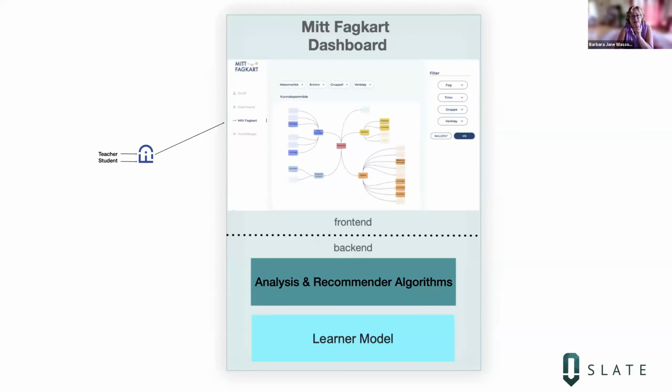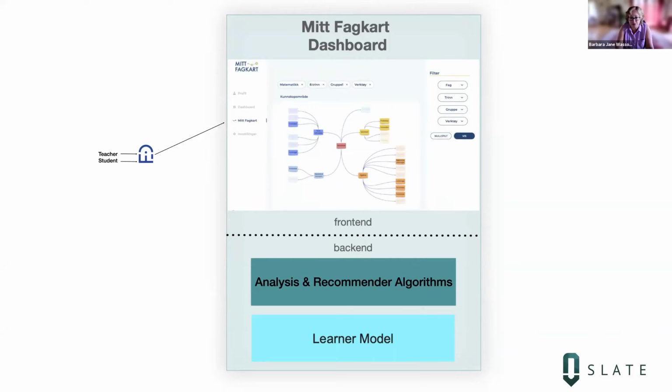So here we've designed a Mitt Fagkart dashboard, and the students and teachers can log in through our national authorization system called FEIDE. That makes things really nice for us, because in Norway, if you're delivering an educational tool to schools, you have to have the authorization for people to log into it through FEIDE. So we know who's doing what in the system because they've logged in through this standard authorization.